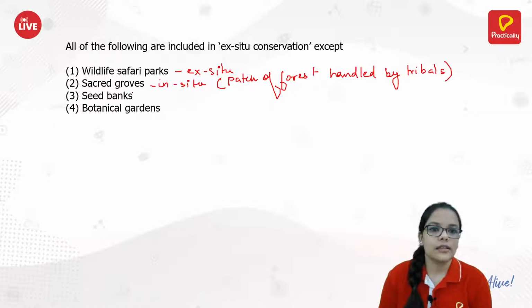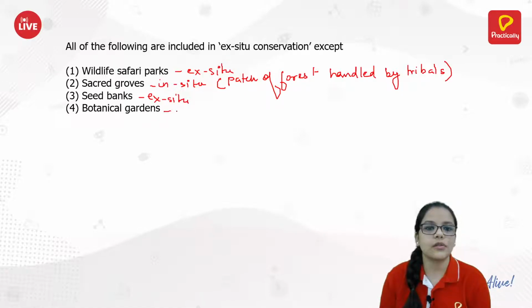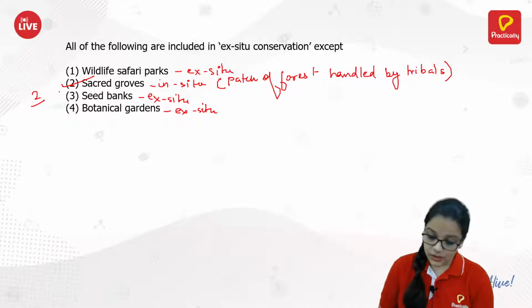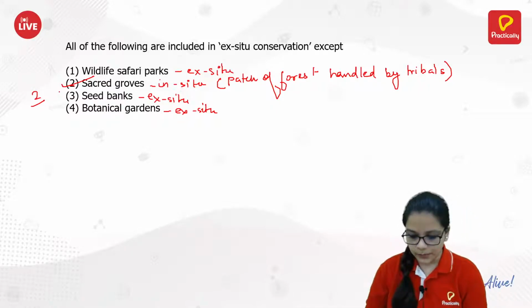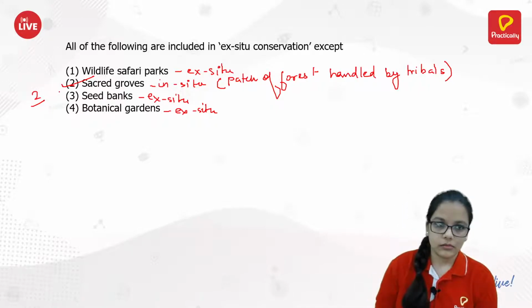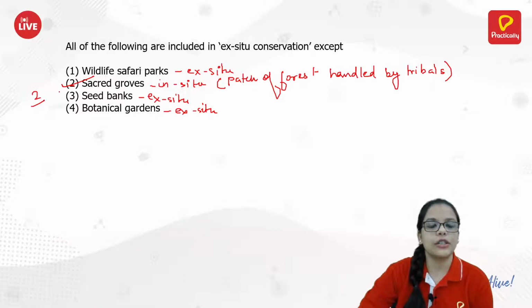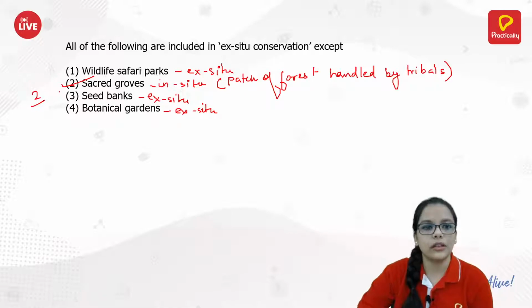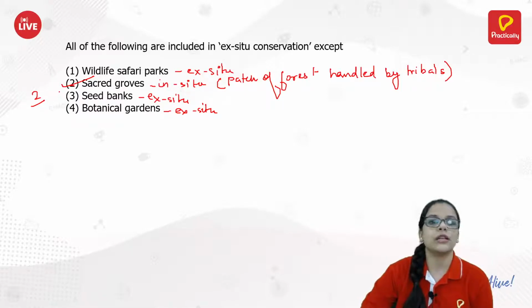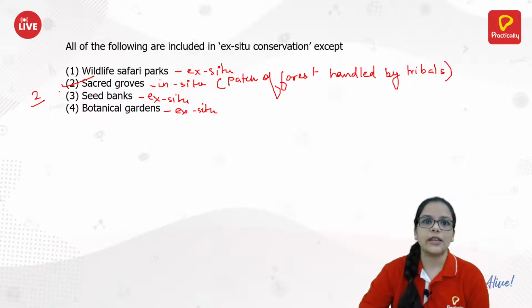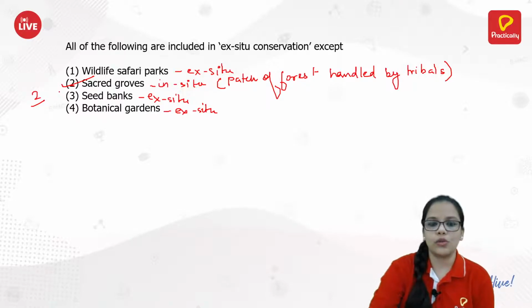Seed bank is ex situ. Botanical garden is also ex situ. So it is sacred grove. Now this kind of question actually came last year also. In 2020 also there was something questioned regarding sacred groves and botanical gardens. Even in 2019 something came like that. So you can expect that this kind of question might come tomorrow as well.